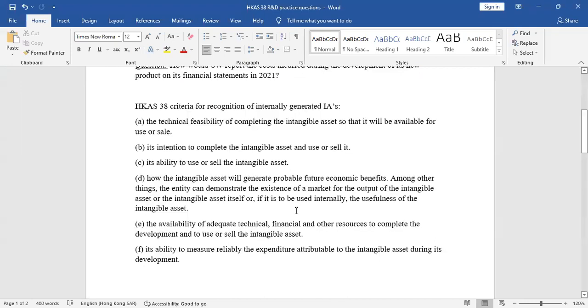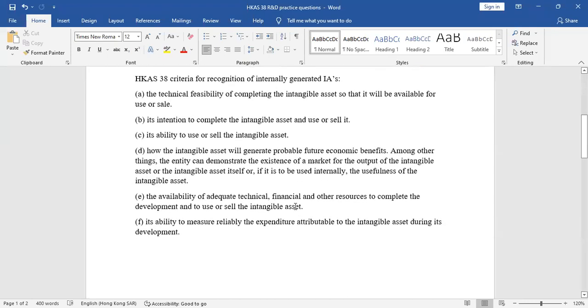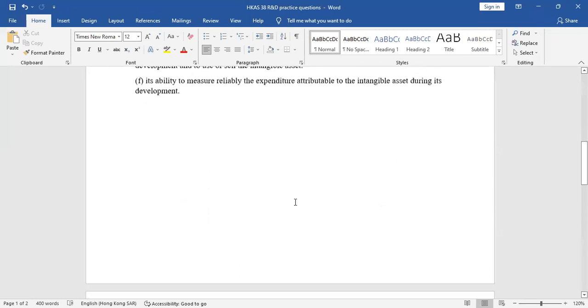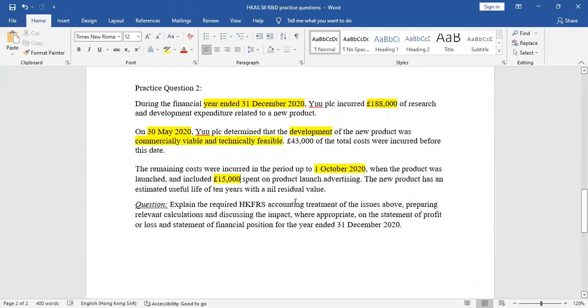So marketing expense doesn't really fit into this six-pointer criteria. Plus, HKAS 38 will tell you somewhere in that standard that marketing expense is not allowed to be capitalized. It's going to go on the statement of profit and loss, P&L. So this 15,000 pounds will not be capitalized, even though it has been incurred after 30th May 2020.